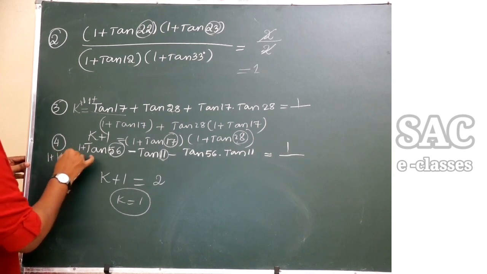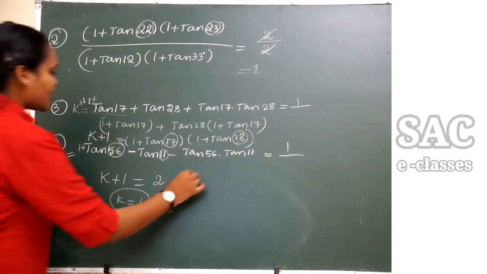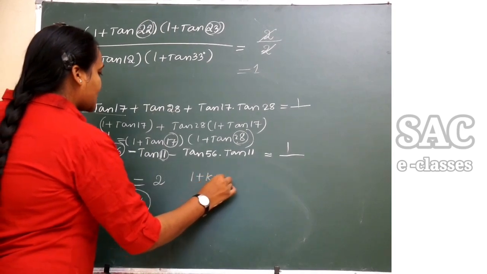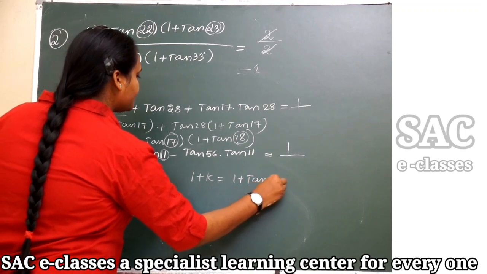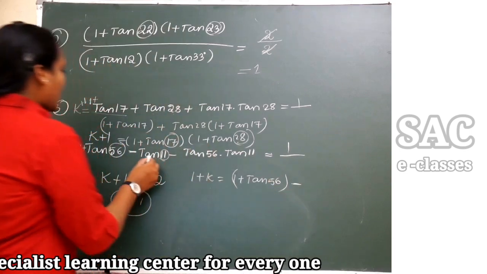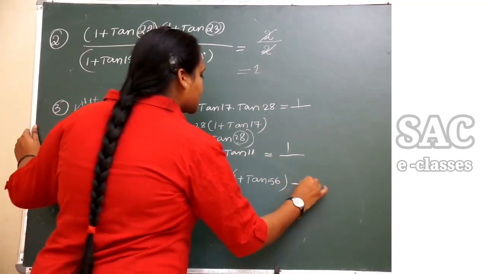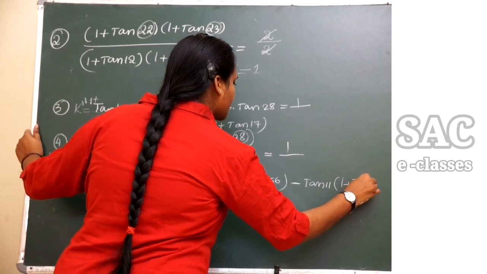So k plus 1 is equal to 1 plus tan 56. So what can we write? 1 plus k is equal to 1 plus tan 56. Take out minus tan 11 degrees. 1 plus tan 56.